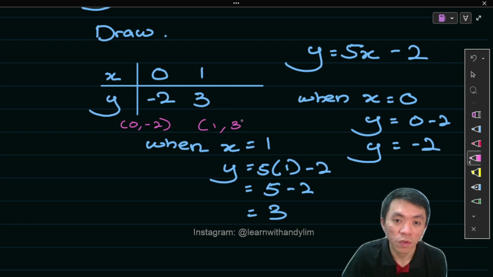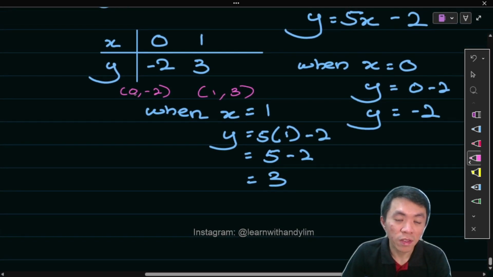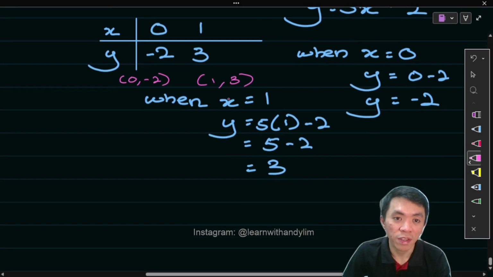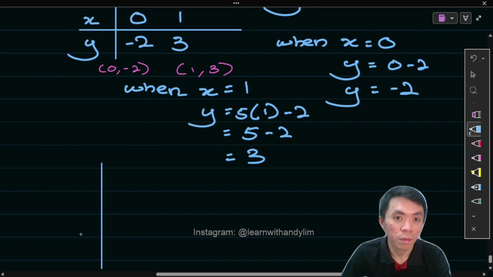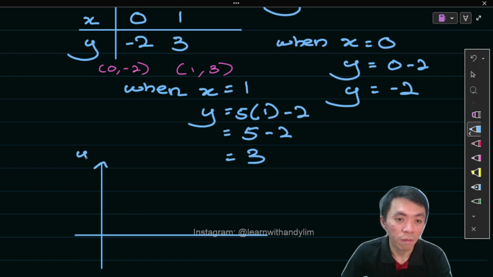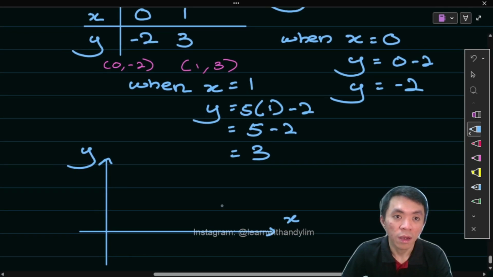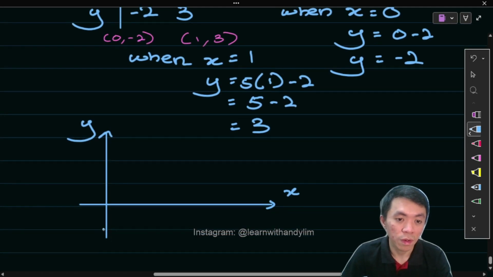Let me show you how I draw that. I have my first point, 0, negative 2, and my second point, 1, 3. Let me just draw this fast. I have my y-axis right here, x-axis right here. When my x is equal to 0, my y is equal to negative 2.